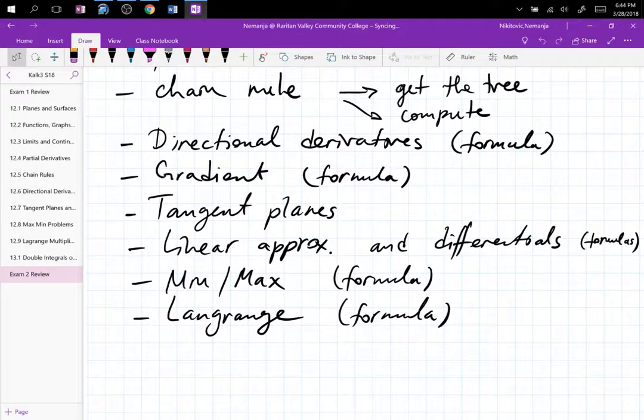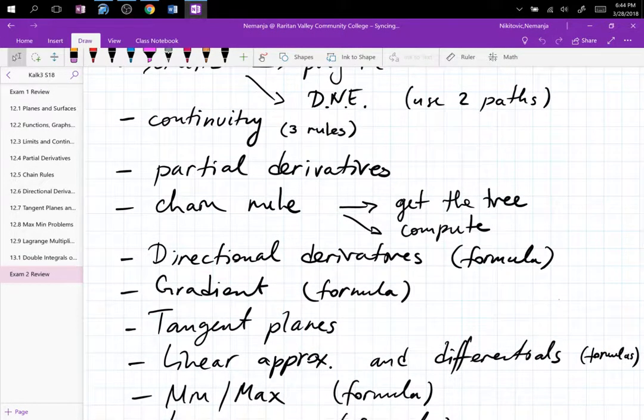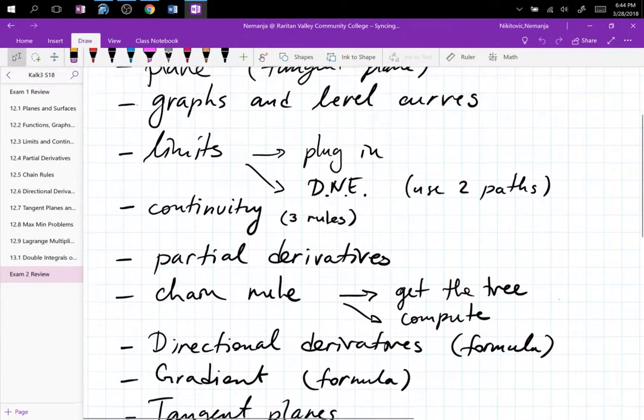You have infinitely many formulas in chain rule. You draw the tree, then you can write the formula out. It makes sense for me to say you have 10 formulas where you have infinitely many, because there are infinitely many combinations that I can put for chain rule. You need to know how to get the tree. So gradient, again, I already said it's a vector of partial derivatives.